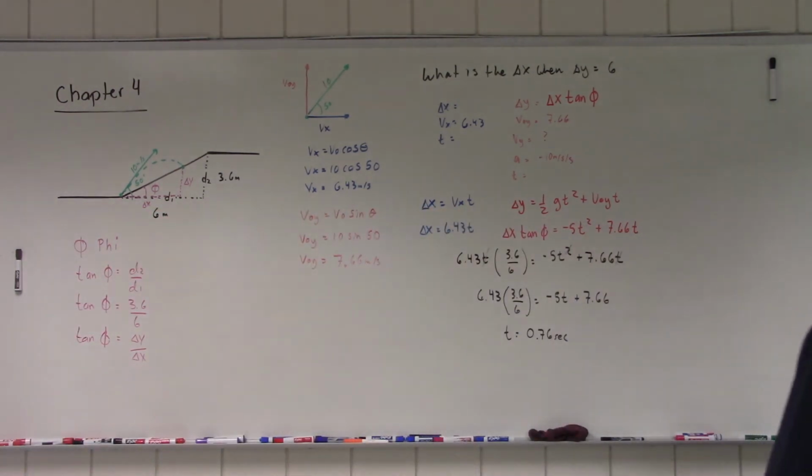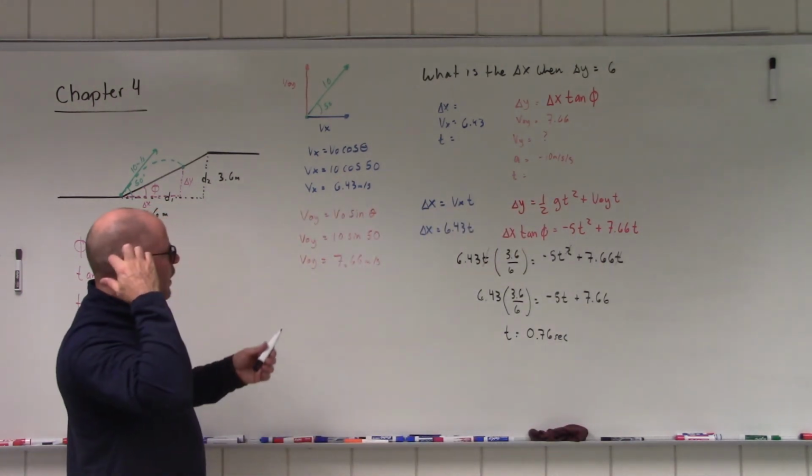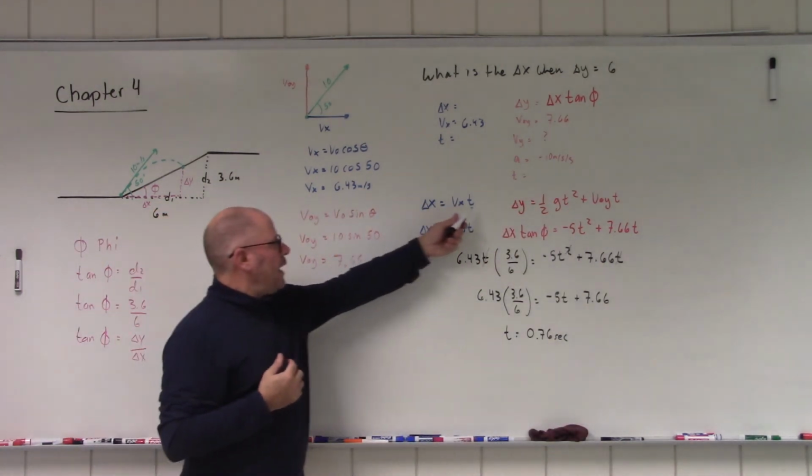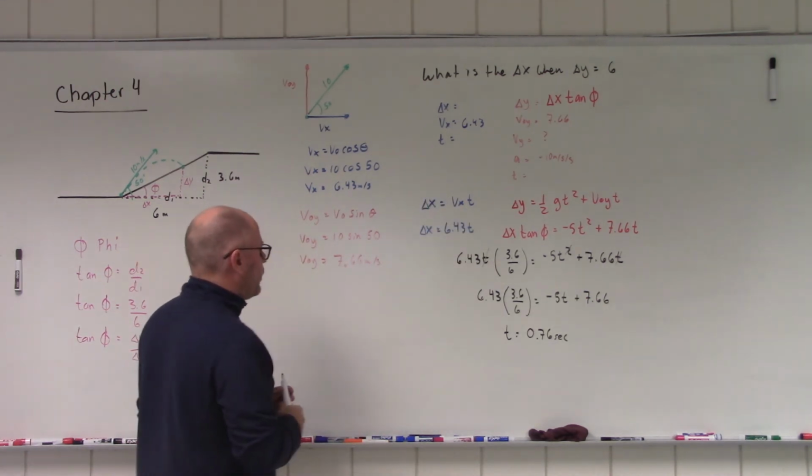And what is the question asking? This is 45. When the ball lands, what are the magnitude and angle of its displacement from the launch point? Oh, okay. So if we have the time, we can figure out what the delta x is, and if we figure out the delta x, we can figure out the delta y. Let's work through it real fast.